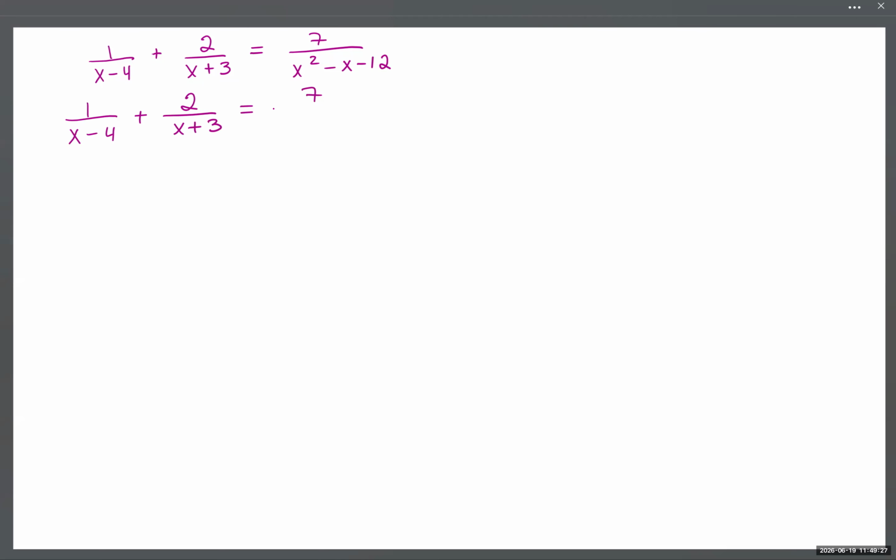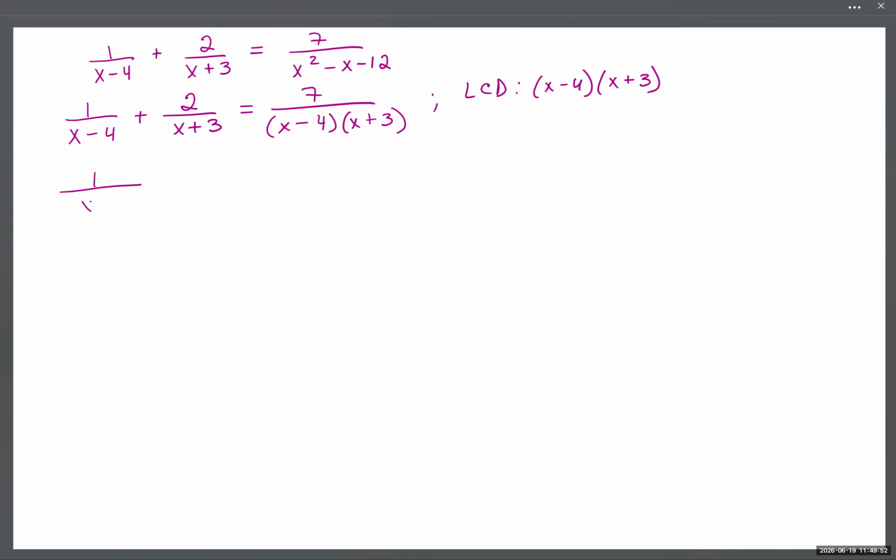And on the right-hand side, factor the denominator. Two numbers that multiply to negative 12 and add to negative 1, that would be 4 and 3, minus on the 4, plus on the 3. So the least common denominator is just the combination of those, x minus 4, x plus 3. We'll go ahead and multiply every term by that least common denominator.